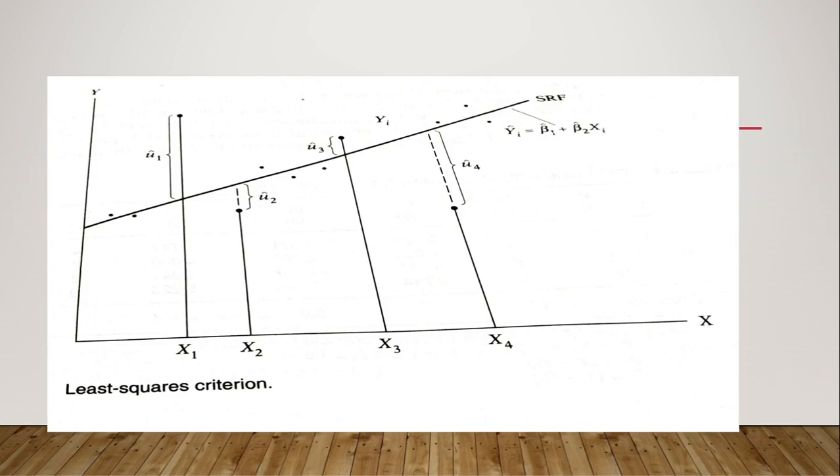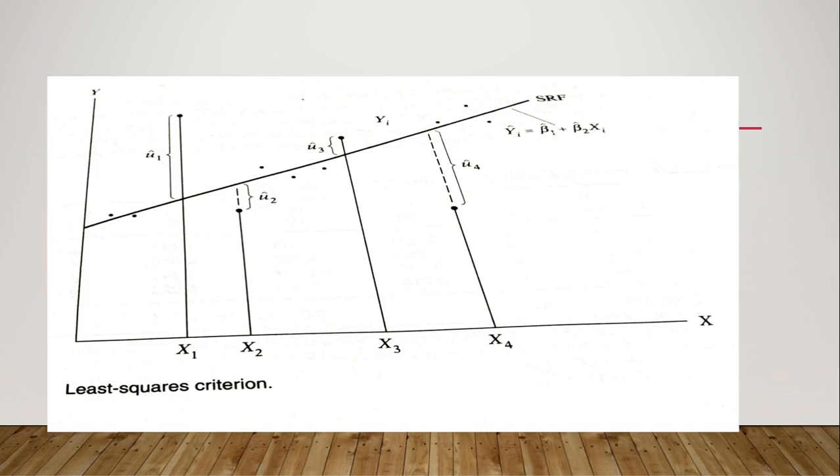For the next observation of X, for x equal to x2, the actual Y value is lower than the estimated Y value, and that deviation is denoted by u2 hat. So Yi is less than Yi hat for x equal to x2.